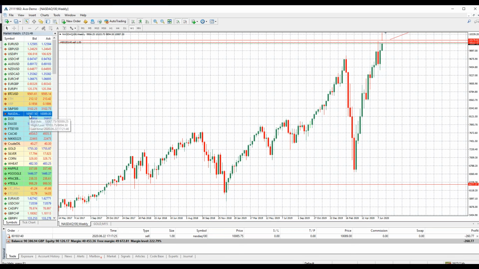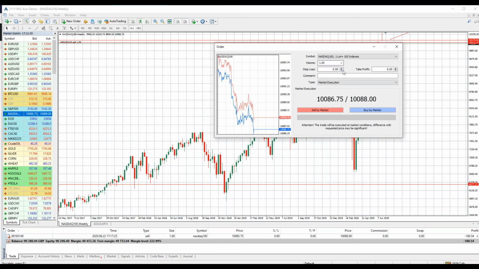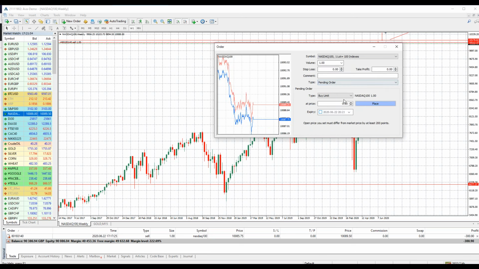All you have to do is double click, open, change from market execution to pending order, put your buy stop, put the price that you want to buy from. That would be a price above the resistance in this example. If it hit, what is that, 10,180 would be above this second resistance level, then that means it's broken through both resistance levels.